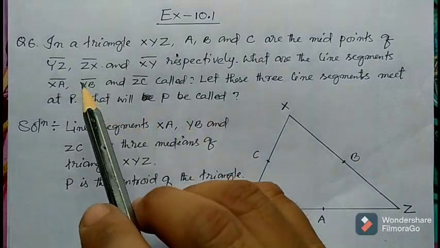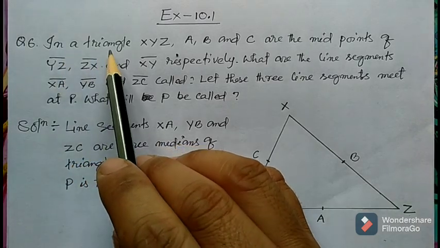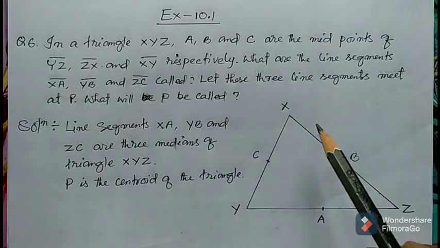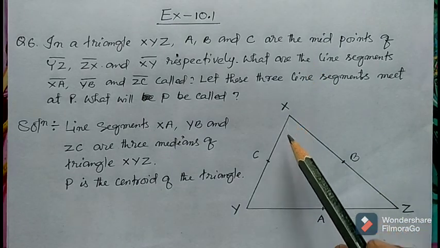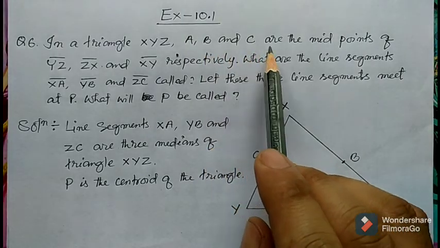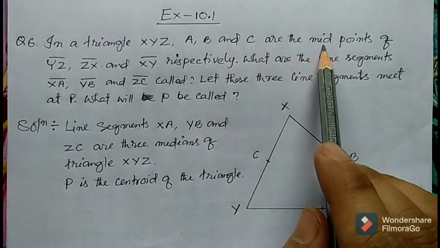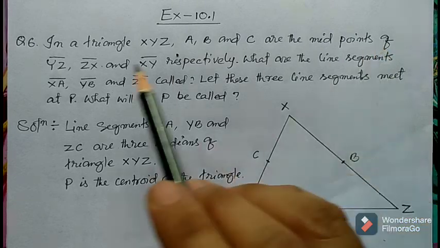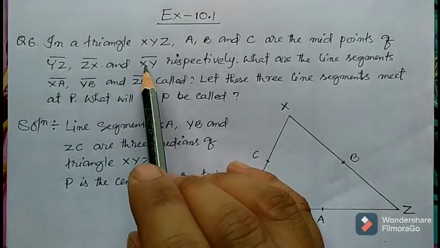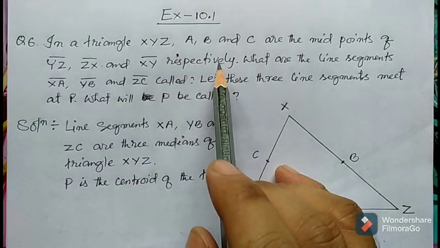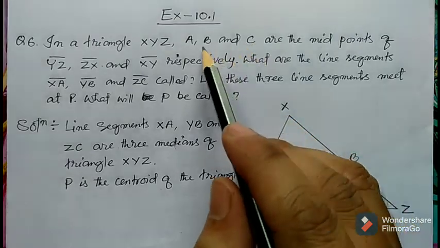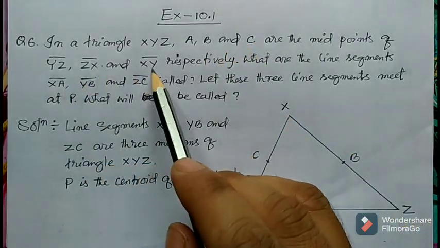The question is, in a triangle XYZ, the name of the triangle is XYZ. Here you can see the triangle is XYZ. A, B, and C are the midpoints, meaning middle points, of sides YZ, ZX, and XY respectively. Now let's try to understand the meaning of respectively. Here we are given three midpoints A, B, C, and also three sides.